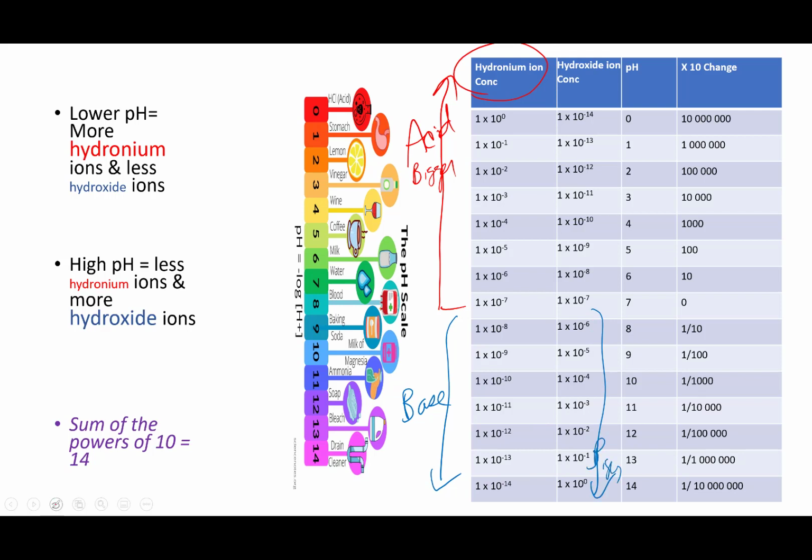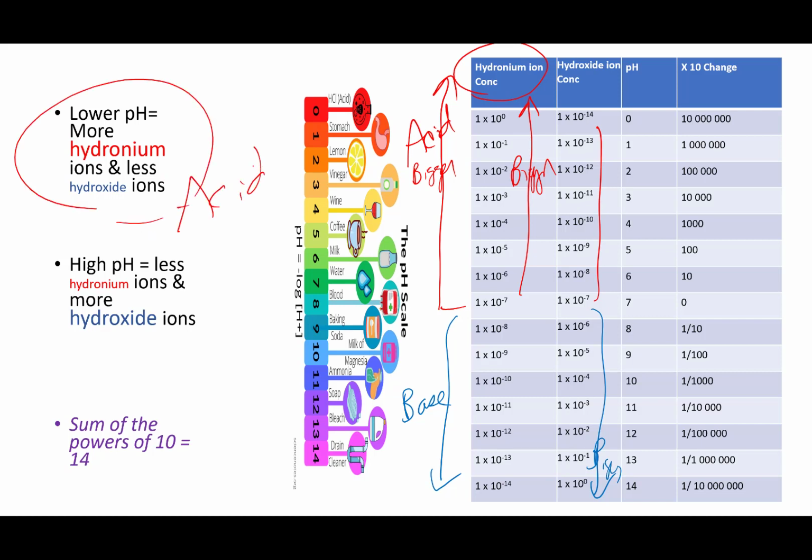I'm going to go back to my red pen because I'm trying to keep consistent with my colors here. This is going to get bigger. And if you look at both of these, acids mean you have lots of hydroniums. Bases mean you are going to have lots of hydroxides. And the sum of the powers are going to be 14.